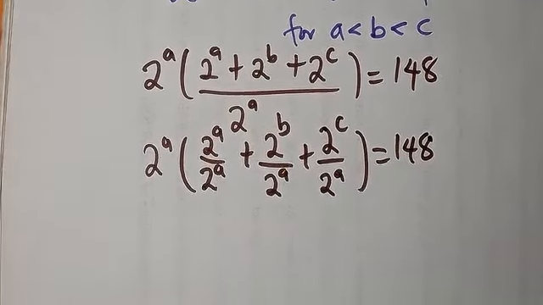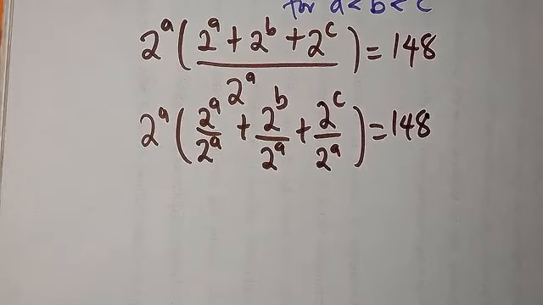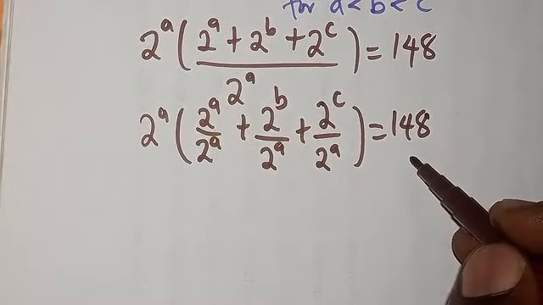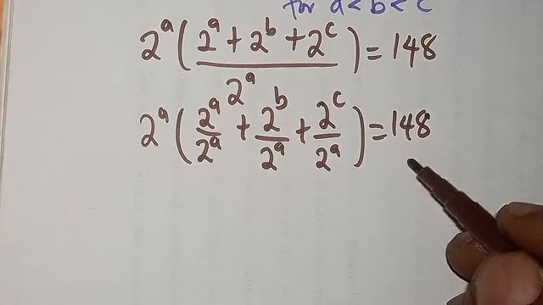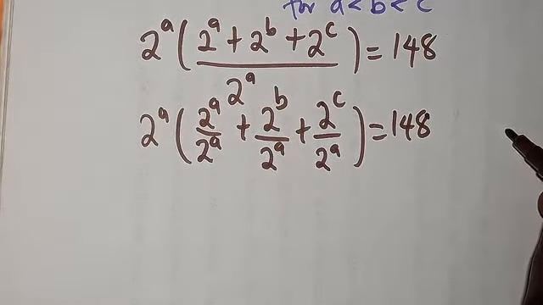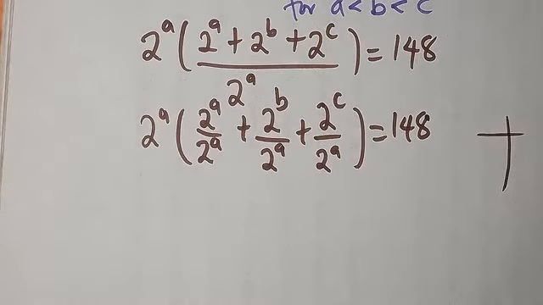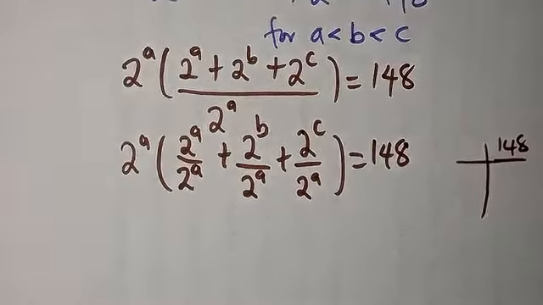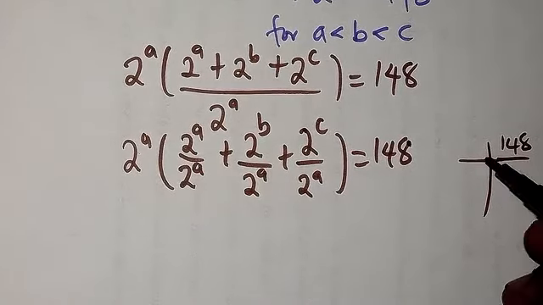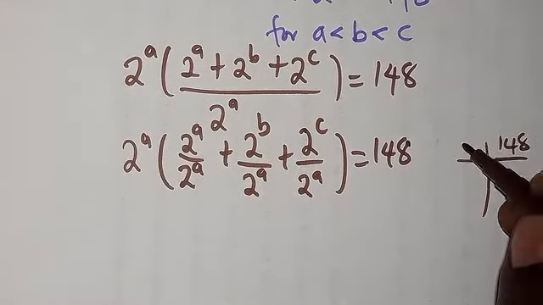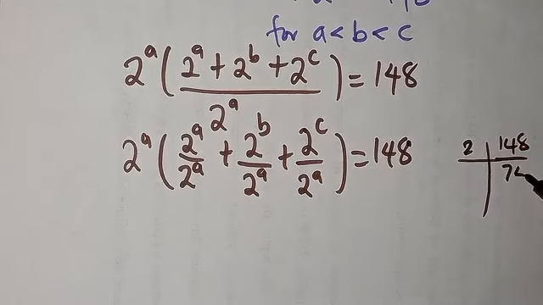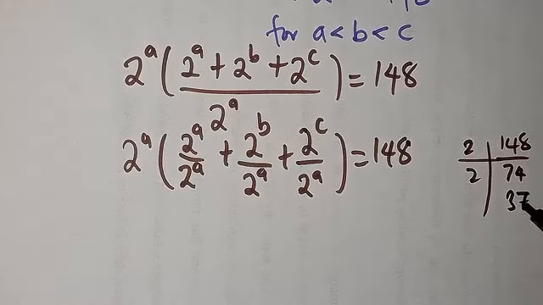So now from there, what's the next thing to do? Now we can split this right hand side in a factor form. Having 148, you're going to have 2 times 74, 2 times 37, right?